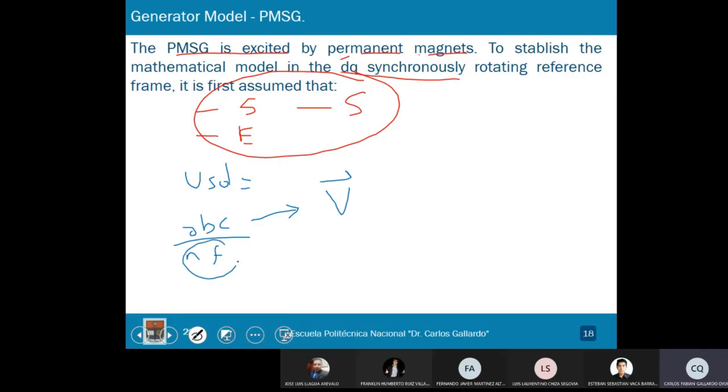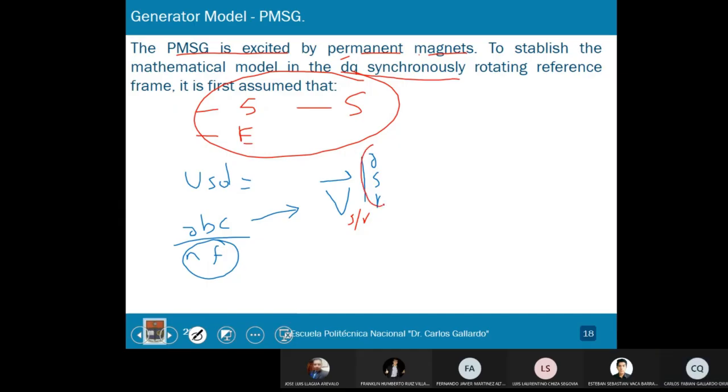From the natural reference frame, I will have three possibilities. The first one is the synchronous reference frame. I will have here the stator reference frame and the rotor reference frame. This is the superscript. What about the subscript? It's possible to have a stator or rotor subscript, meaning it refers either to the stator or to the rotor.